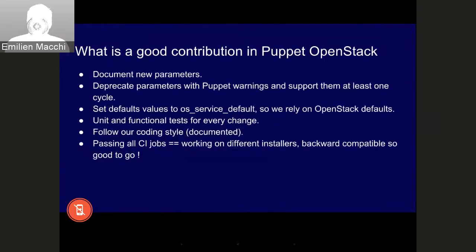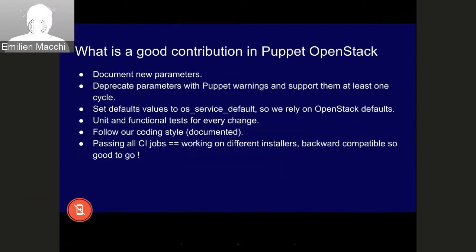Okay, so like I said before, maybe you already did, or maybe you are going to, but you are probably going to do your first contribution in Puppet OpenStack. This slide is just to make sure that you understand how we like to write the Puppet modules. So obviously, you have to document all the new parameters.